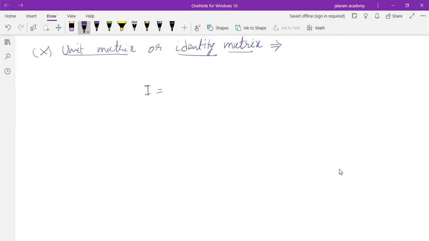Write yourself the definition. A square matrix in which all the diagonal elements are 1 and other elements are 0 is called a unit matrix or identity matrix. I2 means unit matrix of order 2 cross 2.